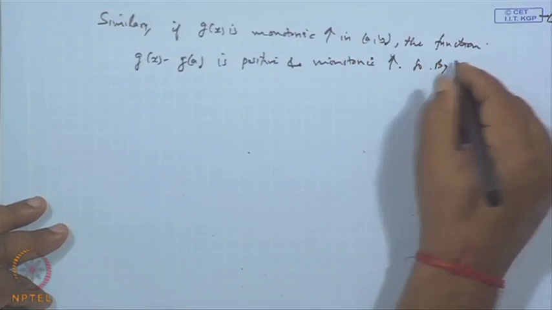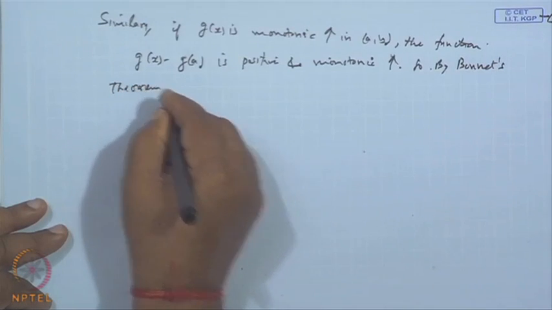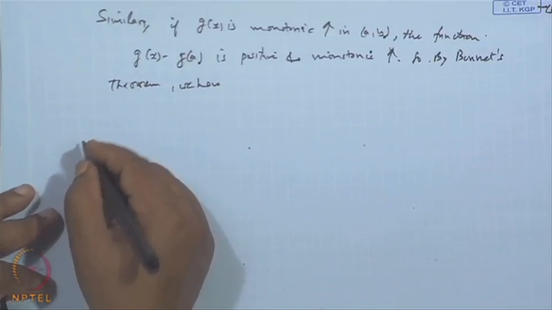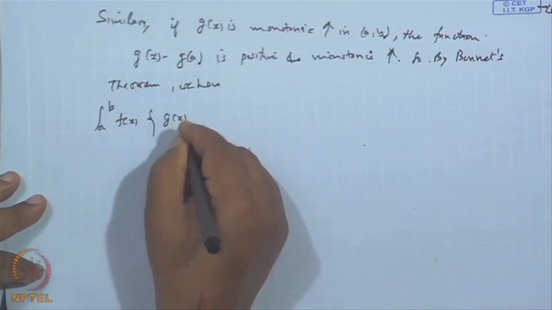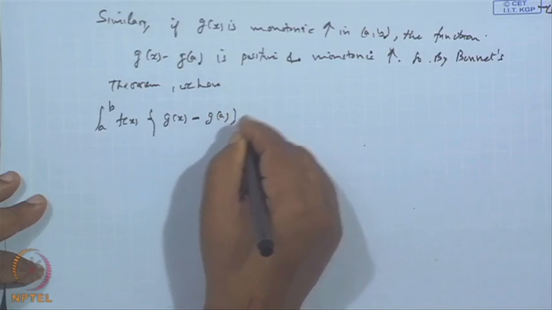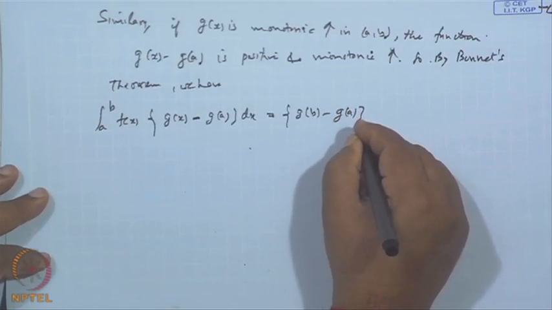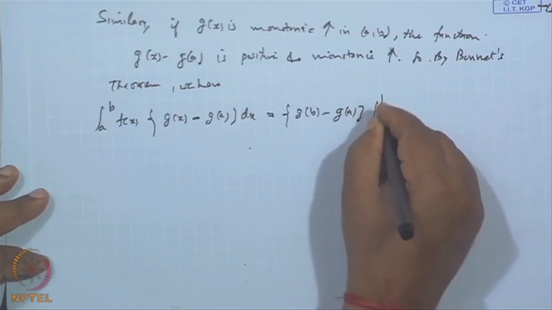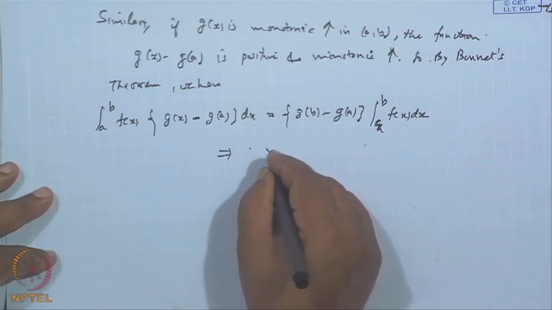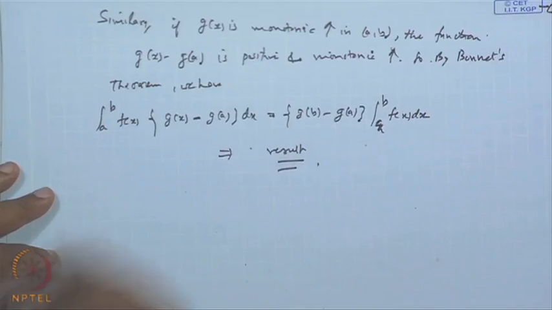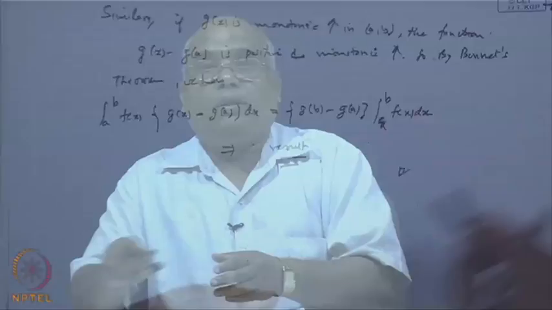So, by Bonnet's theorem again, we have the integral from a to b of f(x) times g(x) minus g(a) dx is g(b) minus g(a) times the integral from xi to b of f(x) dx, which implies the result. Okay. So, we get this thing, that is all. Thank you very much. Thanks. Okay.